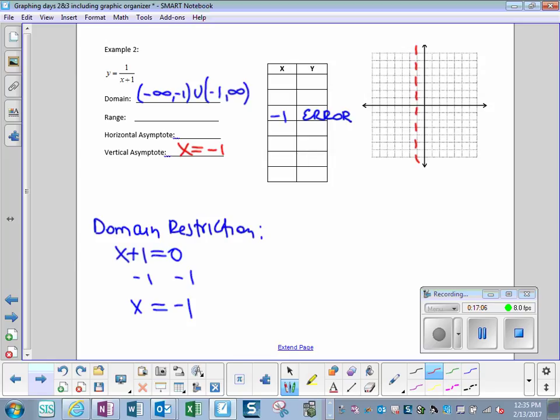Correct? So the range will be negative infinity to 0, union 0 to positive infinity, because I can never get 0. Just intuitively, we are just playing with it.